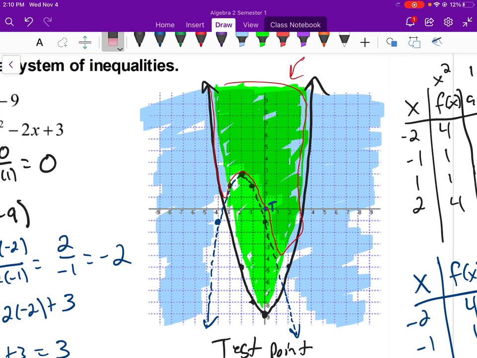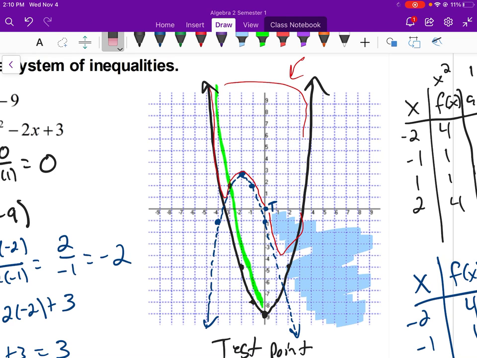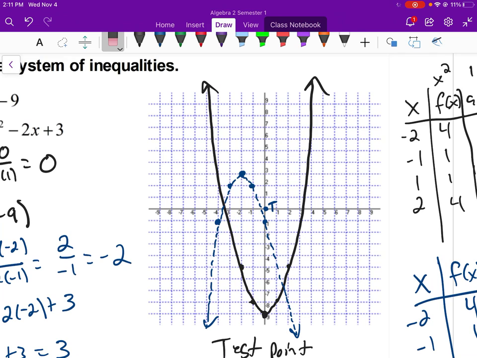Now let's get rid of the shading, and I'll show you the other way of doing that. Working a little slow today. So again, on the black parabola, that was on the inside.